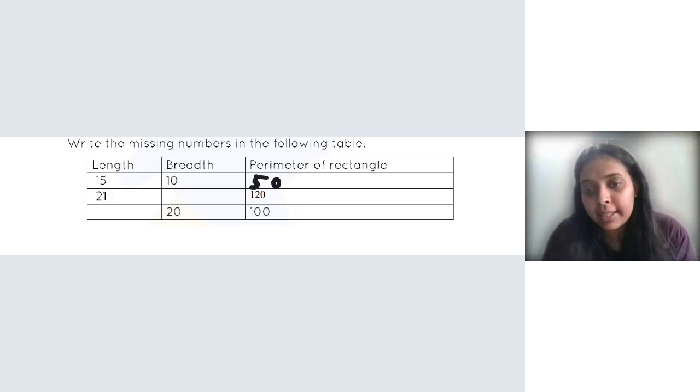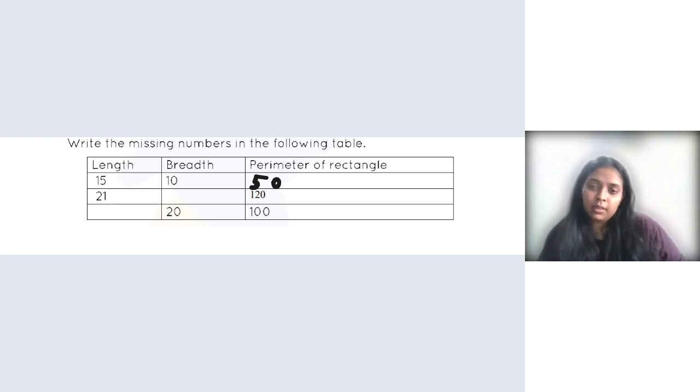What about this? How will I calculate the breadth? 29.